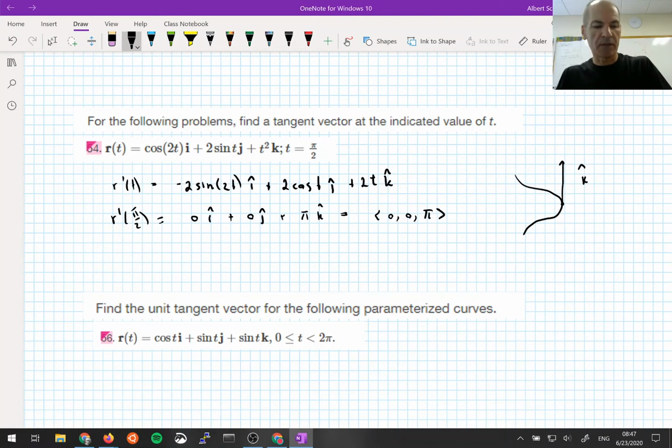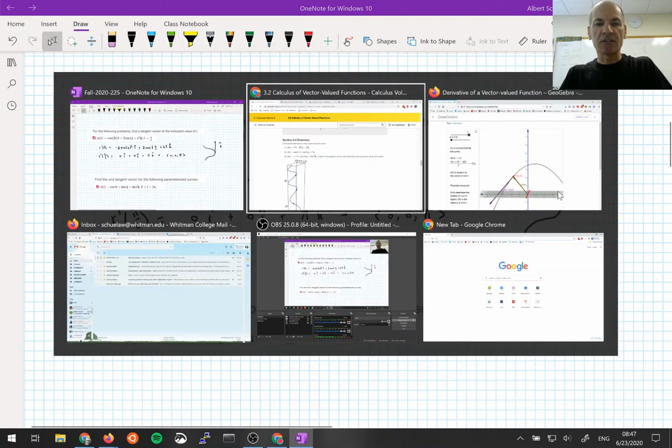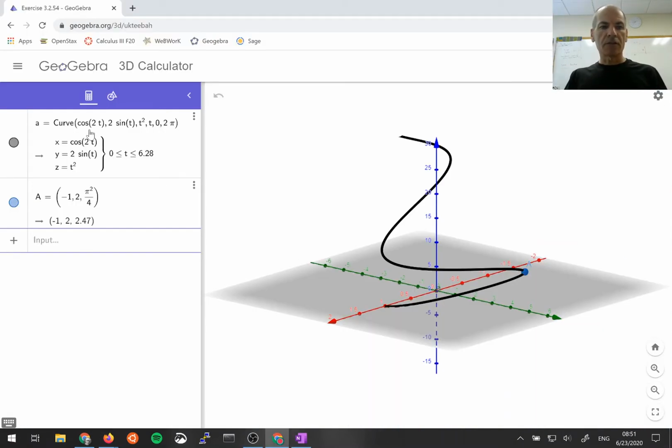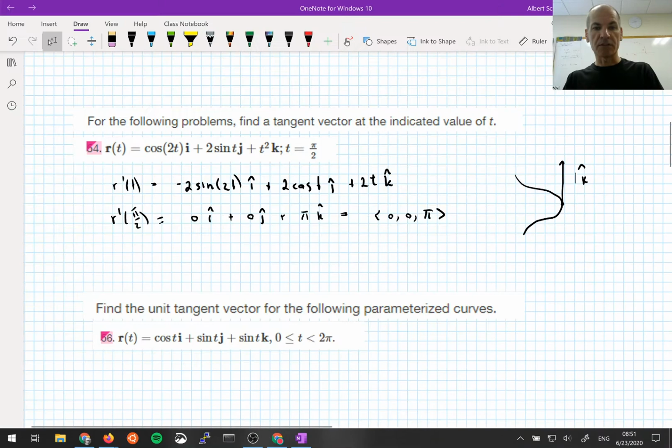I put together a quick GeoGebra demo. So plotting this guy and looking at the point t equals pi over 2, we should see that the velocity vector points straight up along the positive z-axis. So taking this curve, cosine 2t, comma 2 sine t, comma t squared, that exactly matches what we're looking at here.